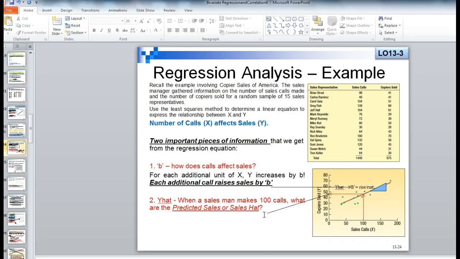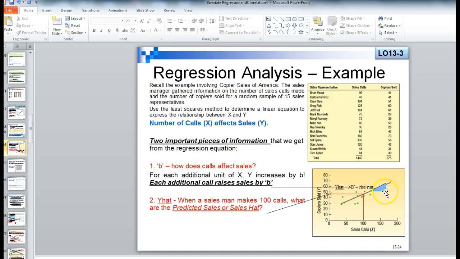We get the relationship between x and y. It's not just whether it's positive or negative, but we actually get, if my calls go up, how much will my sales increase? And that is your beta, or your slope, the rise over the run.